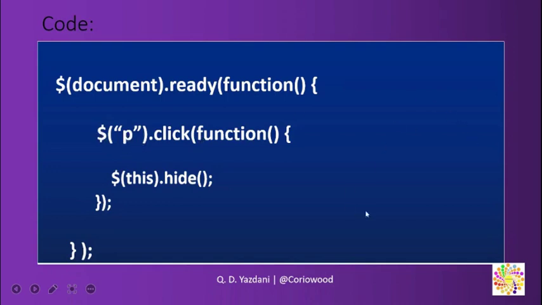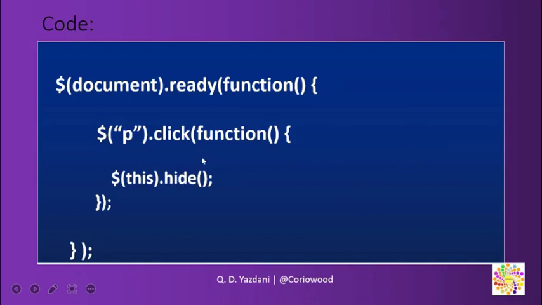Pretend there is a p here with the words "welcome to Korea", for example, in my paragraph. When the user clicks on whatever is inside the paragraph, we put this jQuery dot hide. So when the user clicks on this, jQuery refers to this p and hides it from the page. That's what is going to manipulate this one.